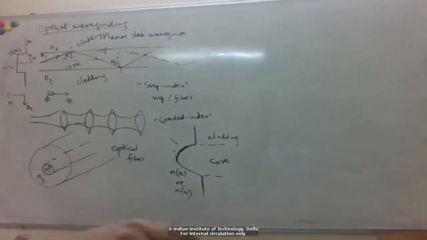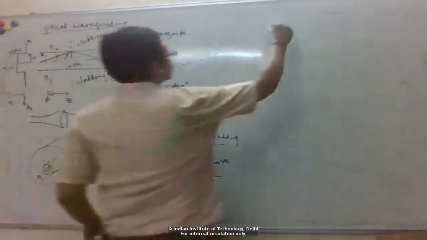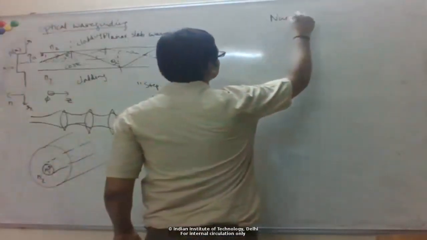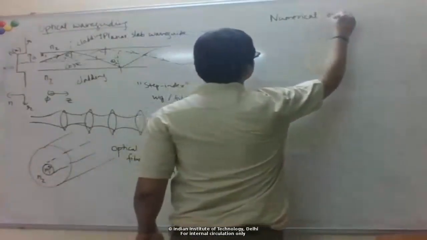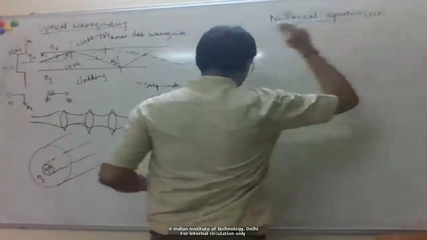Okay, so another important concept with waveguides or fibers is known as numerical aperture, or NA, you might have heard.